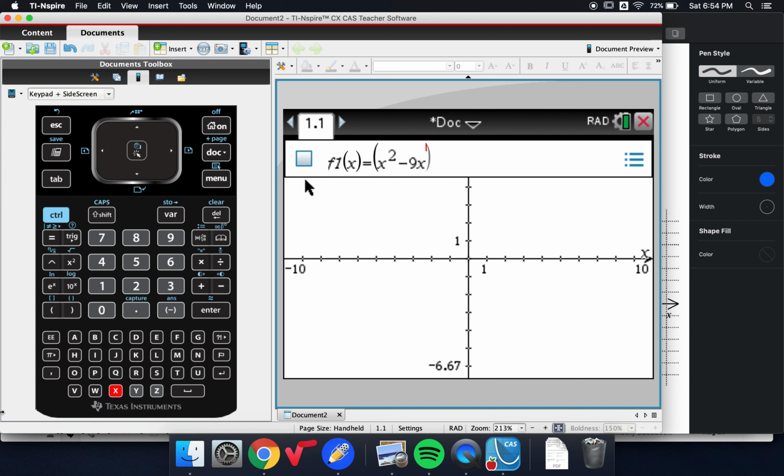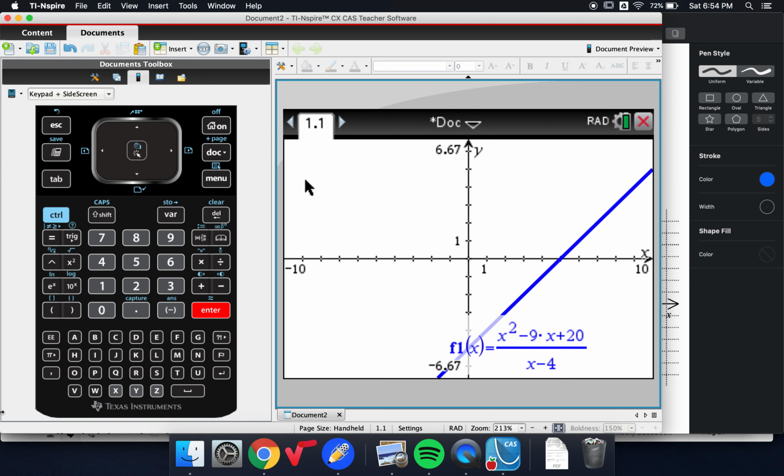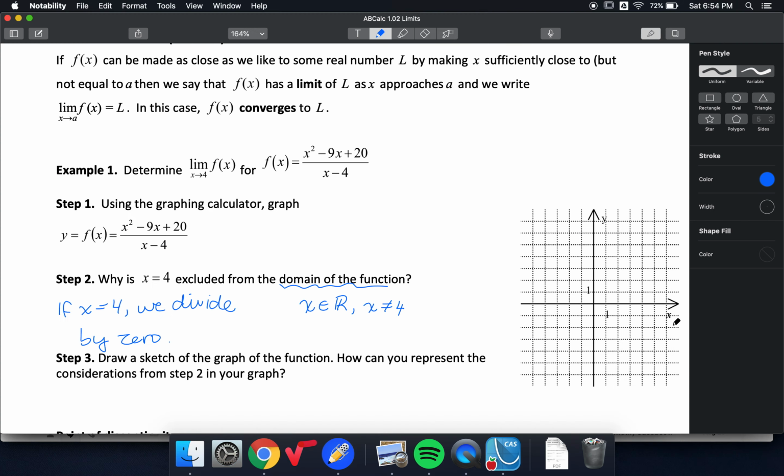So minus 9x plus 20, divide by x minus 4. Make sure you use your parentheses so that your function graphs the way you want it. And it looks like it's a straight line. It looks like I have an x-intercept of 5, a y-intercept of 5, so it looks like I have a slope of 1.